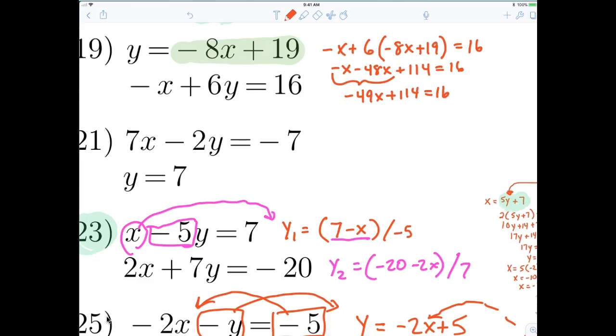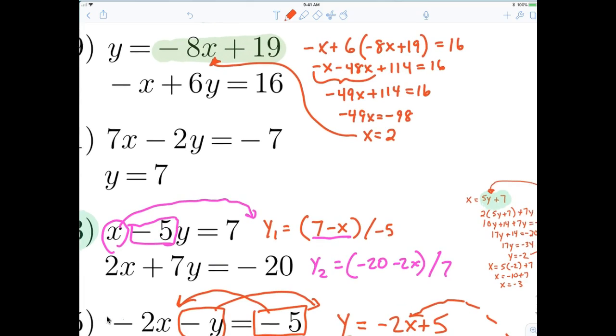And you can make it negative 49x is equal to negative 98. So x is equal to, we'll go with positive 2, right? Okay. Now that x is 2, it goes back in up here. So if x is 2, I have y equals negative 8 times 2 plus 19. Y equals negative 16 plus 19. Y equals 3.